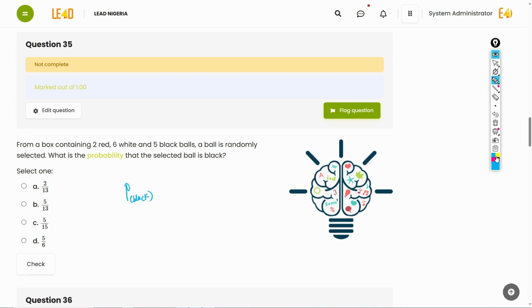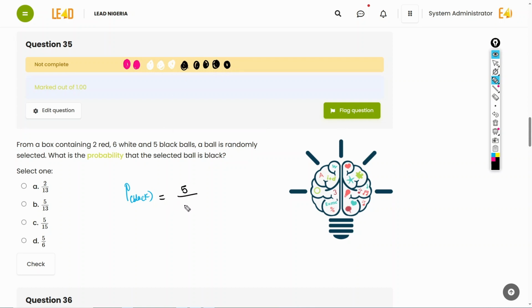Okay, so let me draw this. We have 2 red, 6 white, and 5 black. So that would be the 5 black out of the total number.